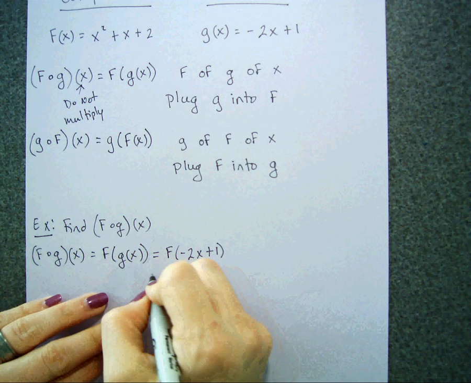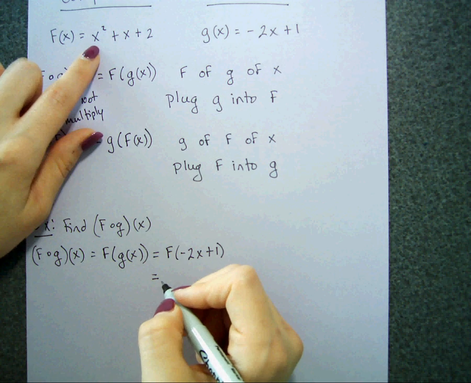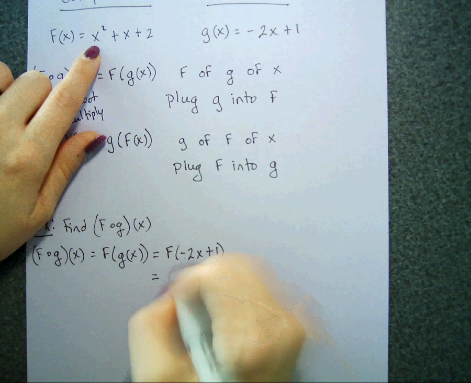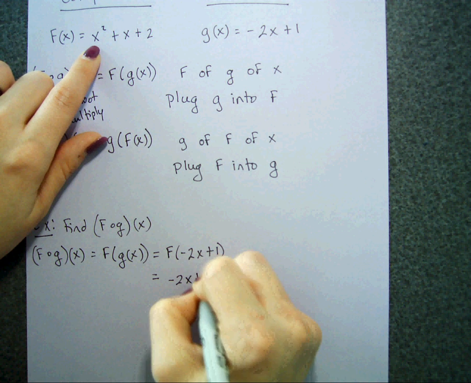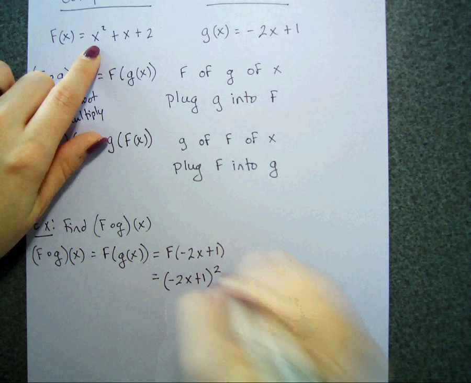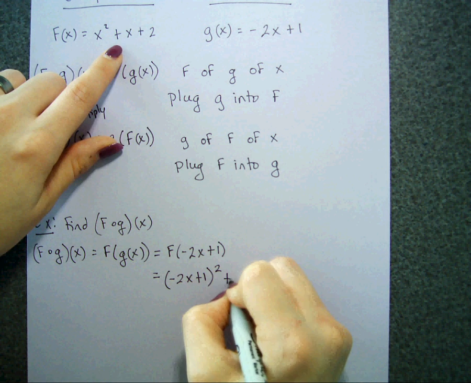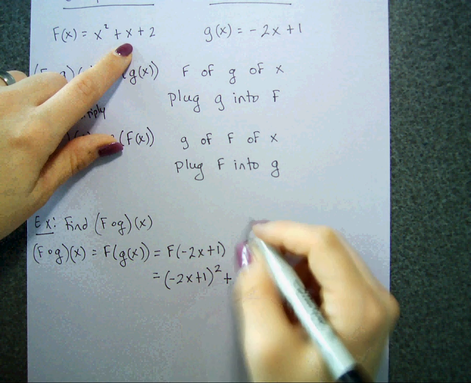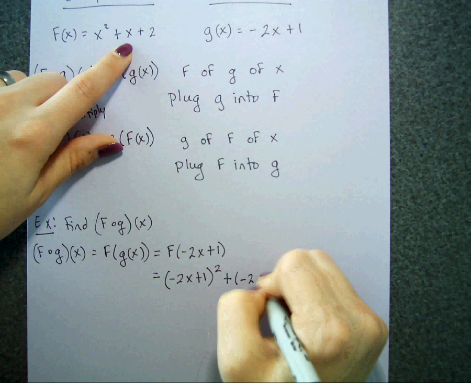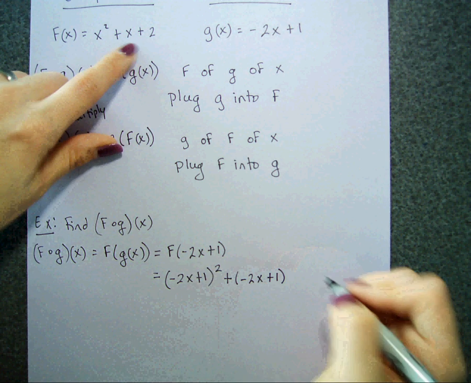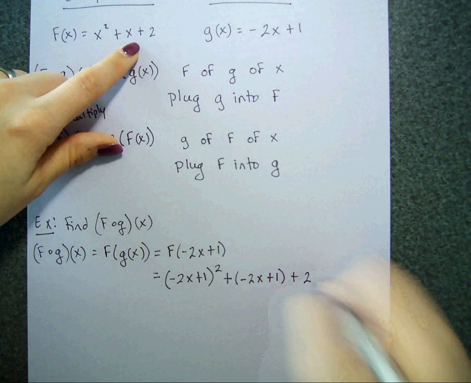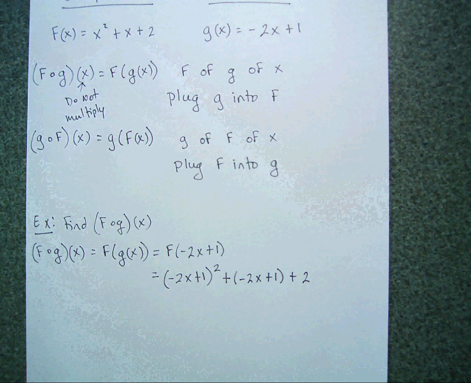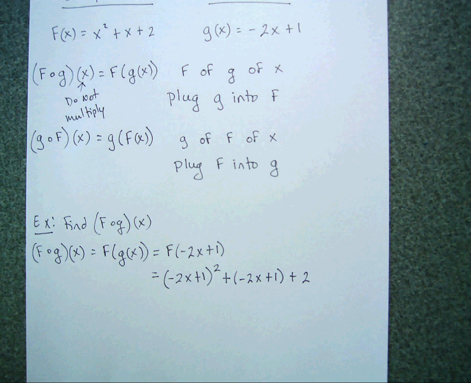So, looking at f, I have x squared, so I'm going to have negative 2x plus 1 squared, plus just plain old x, so I'll have plus negative 2x plus 1, plus 2. So same function, I just have g plugged into x's spot.